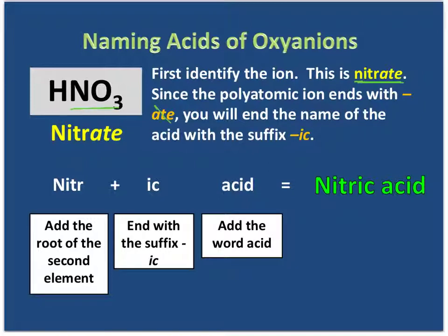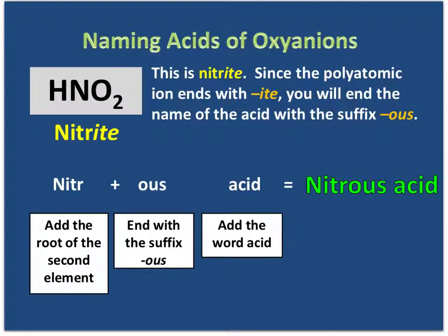We're going to drop the ATE and add the suffix ic and then the word acid. Nitric acid. So whenever a polyatomic ion ends in ATE, we replace the ATE with the suffix ic, then add the word acid, and that's how you name your polyatomic acids.